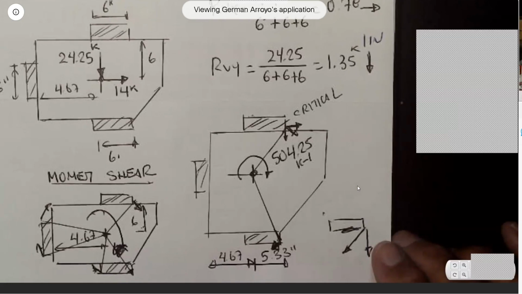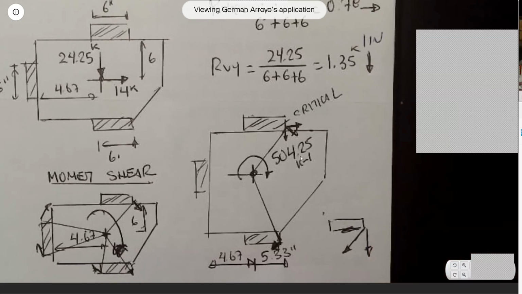This is the one due to the moment. I did it twice because in here it was too small. I couldn't really understand myself, so I did it in here. We had the moment that we computed, 504.25. And here on the top, at the farthest away, I had a component in X that goes to the right, the same as this one, and a component in Y that goes down like this one.